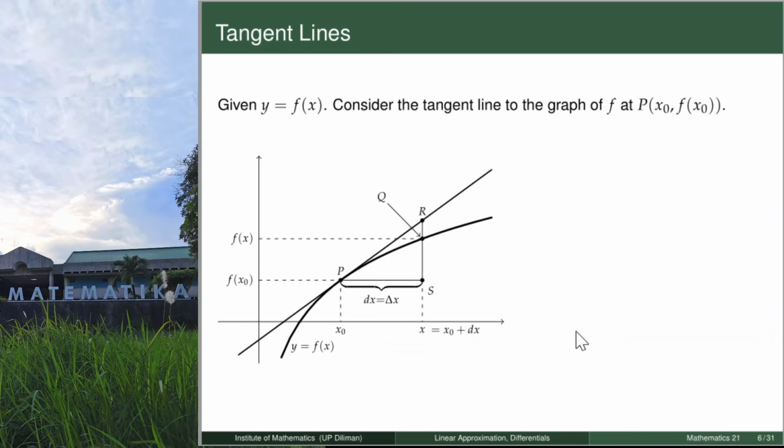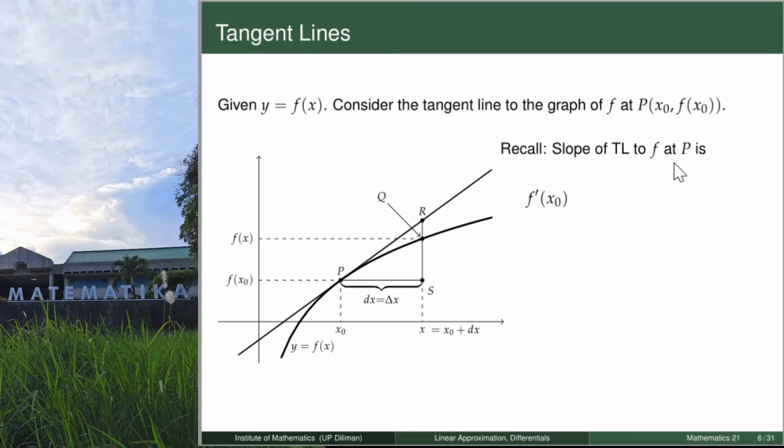Do you remember how to compute the slope of the tangent line to the graph of f at P? It is simply the derivative of f evaluated at x0. That's correct. It's just f prime of x0, the slope of the tangent line to the graph of f at P.